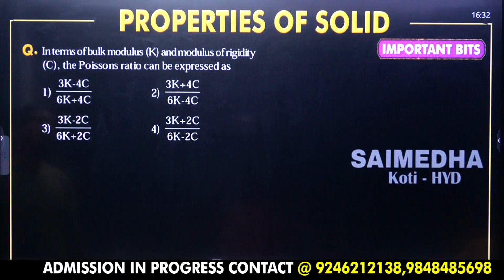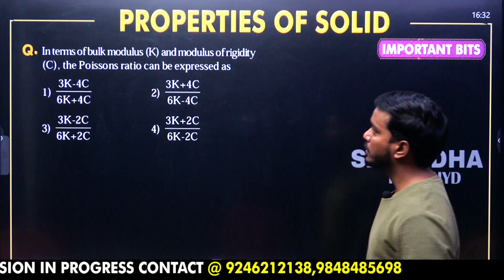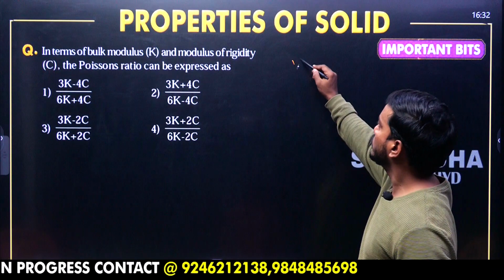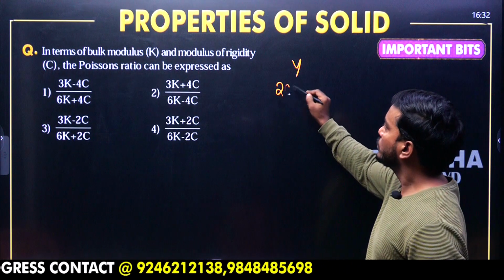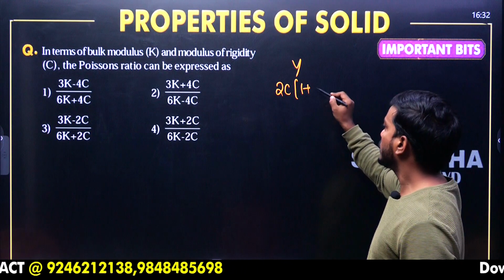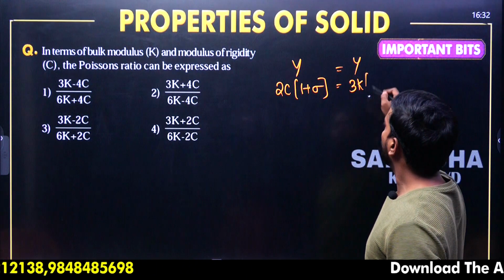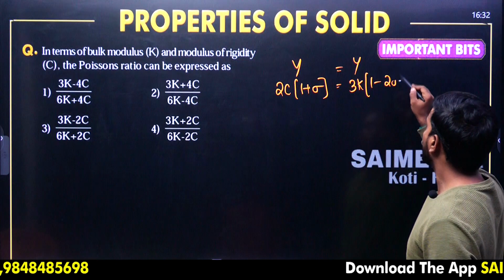Next one. In terms of bulk modulus and rigidity modulus, the Poisson's ratio can be expressed as? We know Young's modulus is equal to 2c into 1 plus 1 by m, or with Poisson's ratio as sigma, Young's modulus is equal to 3k into 1 minus 2 by m, that is 2 sigma.